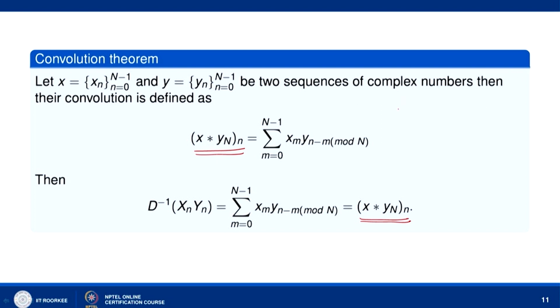So, in other words we can say that the discrete Fourier transform of x star y is equal to X_n into Y_n, that is the product of the DFTs of the sequences x_n and y_n.